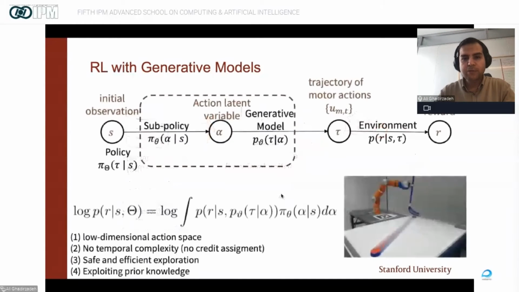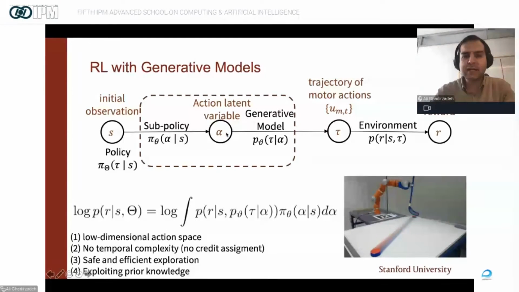Let's have a look back at what we had before. Before, we had this deep policy that was mapping observation to a trajectory of motor actions. Now we can divide this deep policy into two terms. The first component is a generative model that is conditioned on a latent variable.